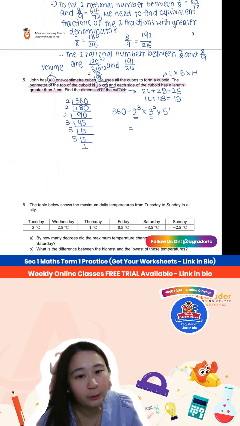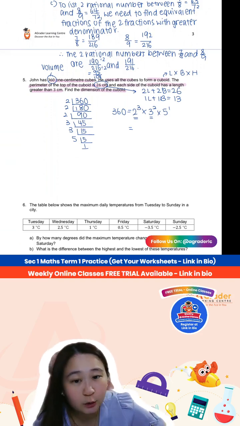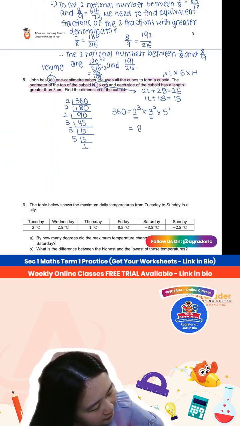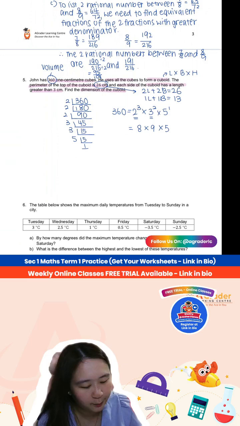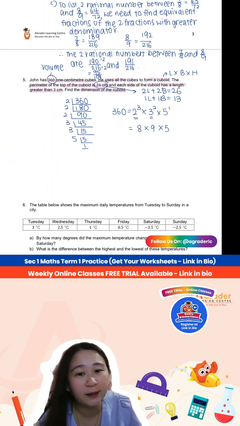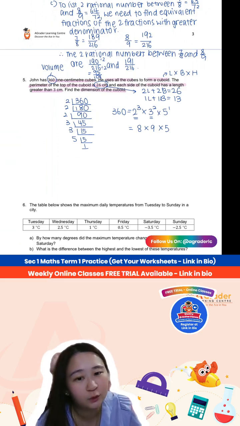Okay, then we try to play around with the numbers for the dimension. So let's say it's 2 cubed, we will have 8, times 3 squared is 9, and times 5. So this is one of the possible combinations. Okay, 2 squared is also possible. So we can also have 2 squared as one of the sides, and the other one will be 3 squared times 2.